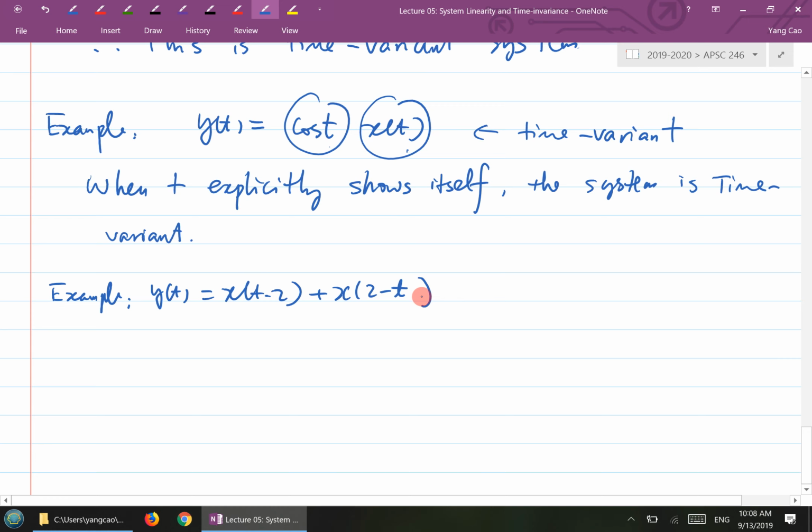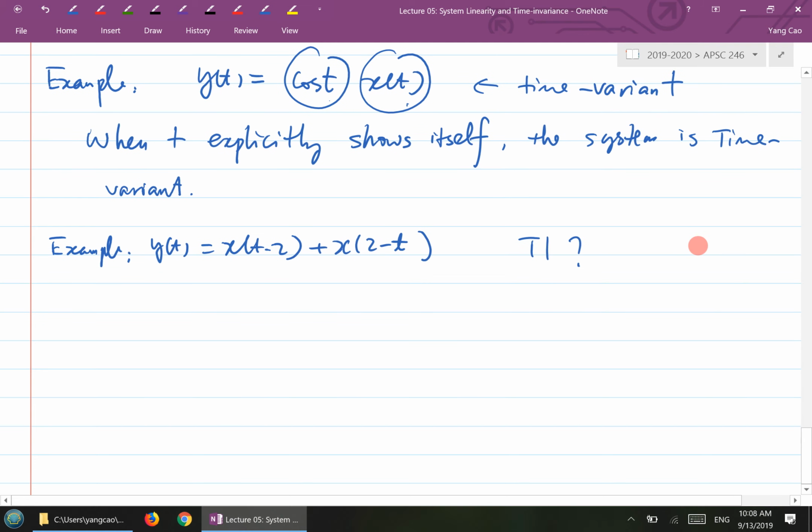So let's check if this is a TI system, time-invariant, or a TV system, time-variant. We go through exactly the same approach. We will check first when the input becomes a shifted input, x of t minus t naught.